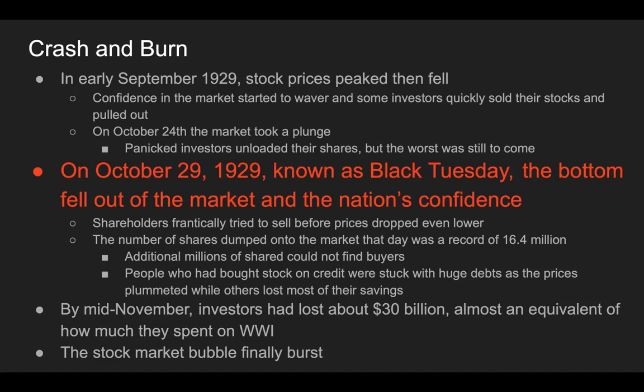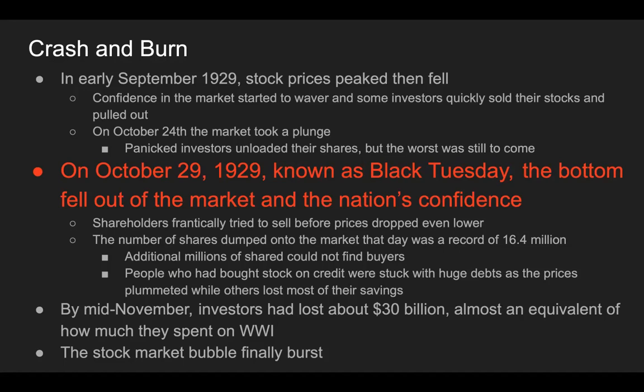Shareholders frantically tried to sell their shares before prices dropped even lower. The number of shares dumped onto the market that day was a record of 16.4 million. So people got rid of their stock, 16.4 million shares. Additional millions of shares could not find buyers, though.